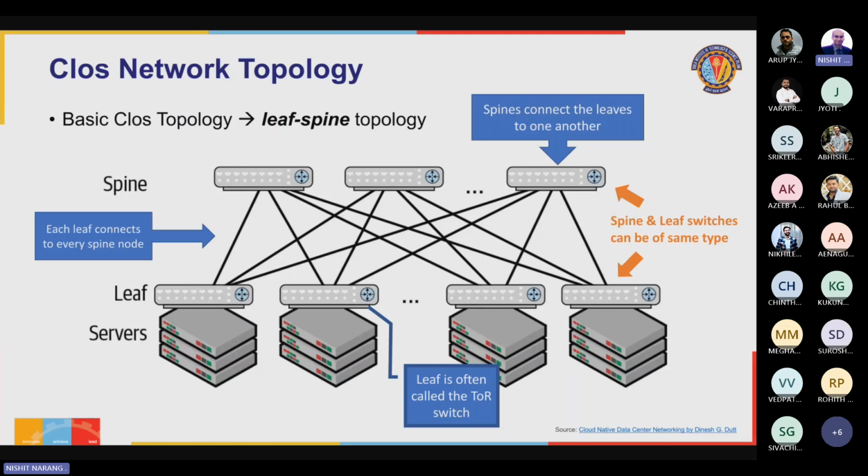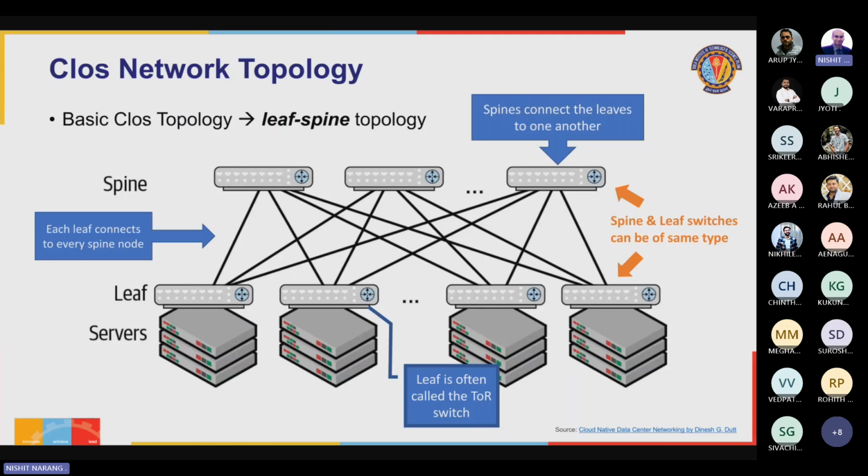So we saw that the Clos network topology consists of a layer of switches called the leaf switches, also sometimes called the top of rack switches, which exist within every rack. That rack, apart from the leaf switch, also holds the servers. All these servers are connected to each other via the leaf switch. The servers in one rack are also connected to servers in other racks via a backbone network, which we call the spine.